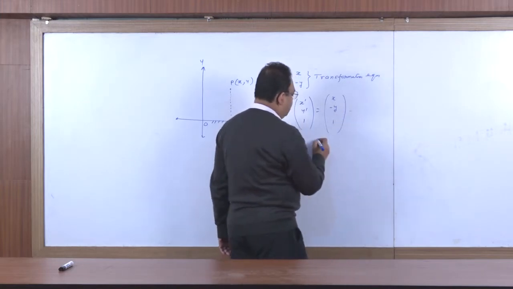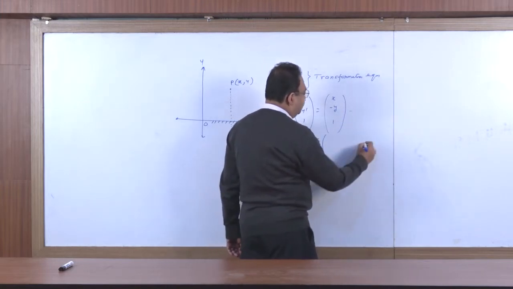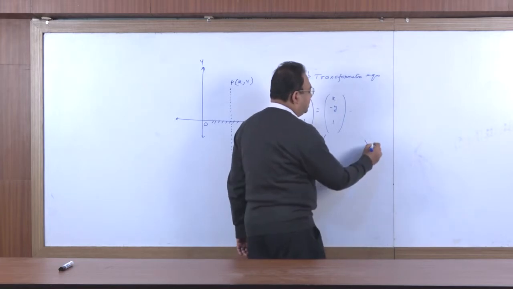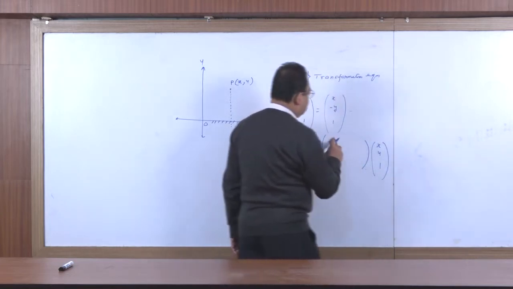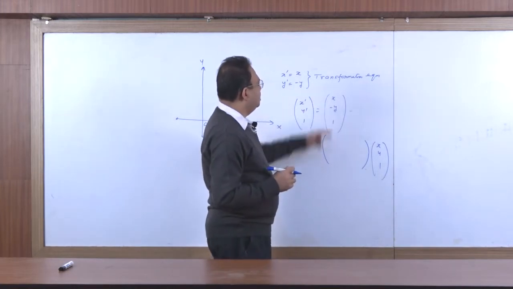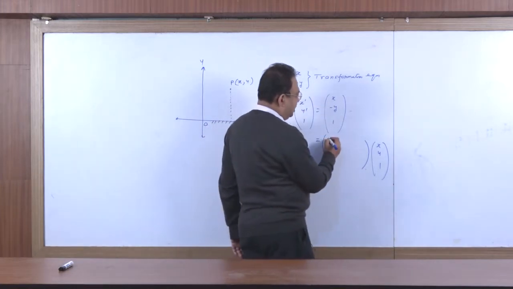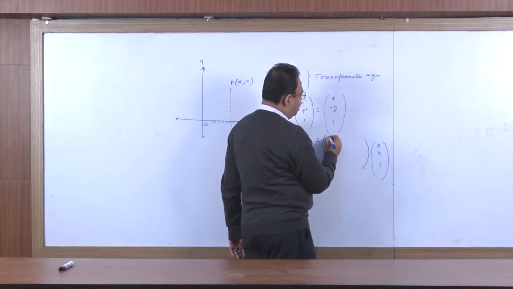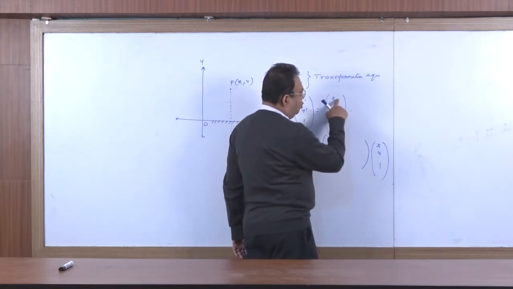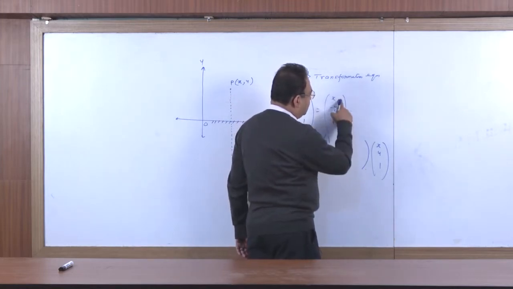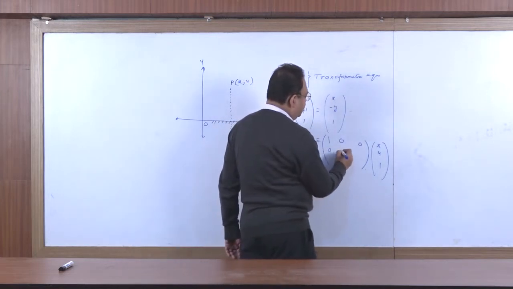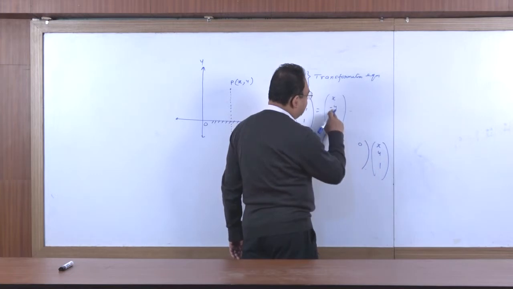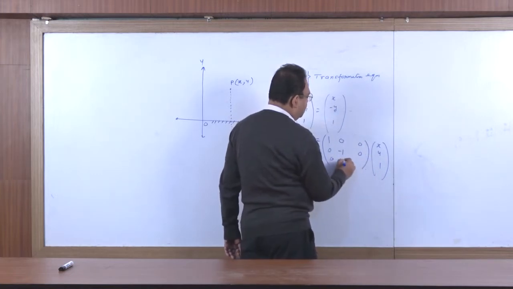We can write this as some operator operated on the object point x y 1. So, what will be this operator, so that we get these equations? Definitely x remains the same, so this is 1, there is no y component, so y is 0, and there is no constant term, so that is also 0. So, this is 0, minus 1 into y, that is minus y, 0, and 0 0 1.